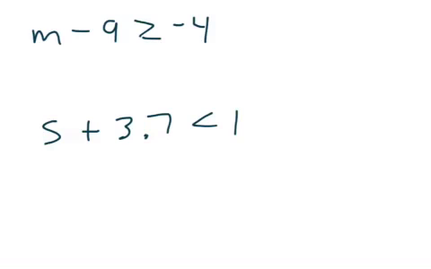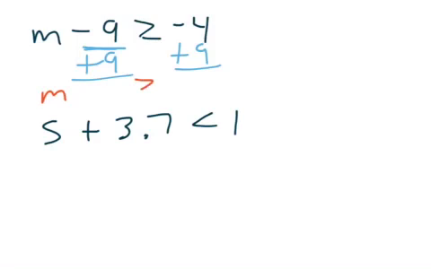Okay, so now we have two more inequalities. And I'm going to go a little bit faster now. So let's say if we look at this first one here, it says m minus 9 there, doesn't it? Alright, so think, how do I get rid of an m minus 9? That would be plus 9. So what is my answer?